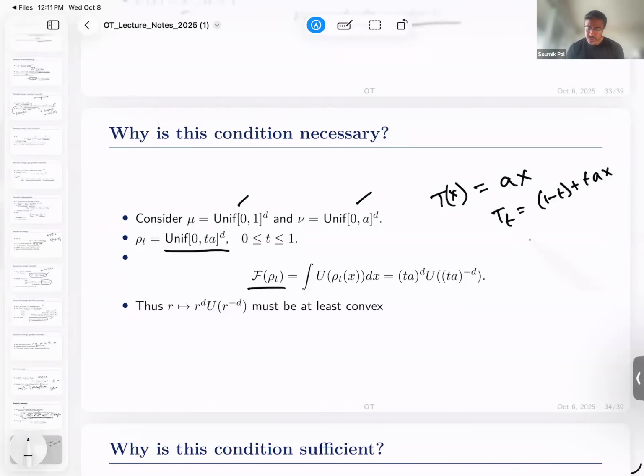So then this is going to be from 1 minus t to t times a.